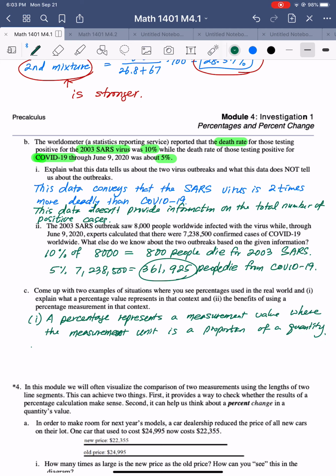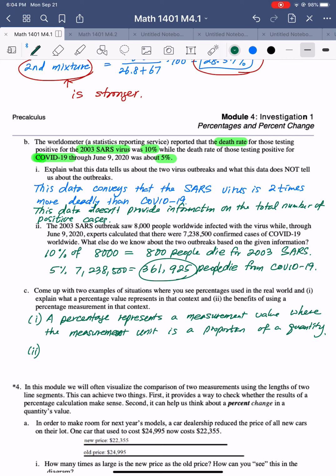And number two, what is the benefit of using the percentage measurement in the context? The idea of percent allows us to make a direct comparison by considering the parts per hundred.